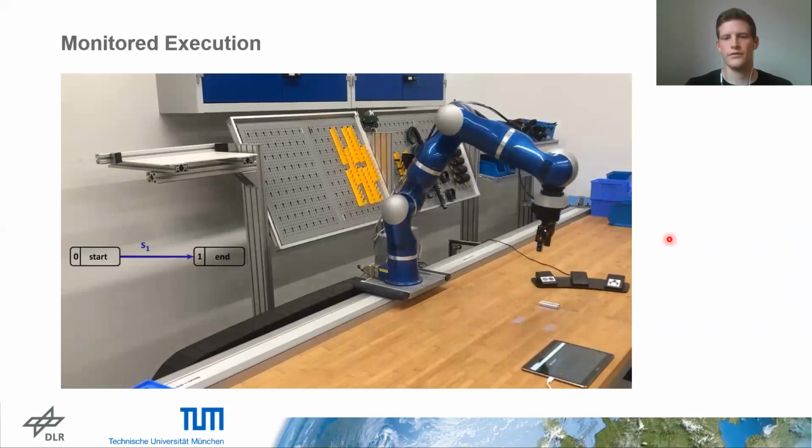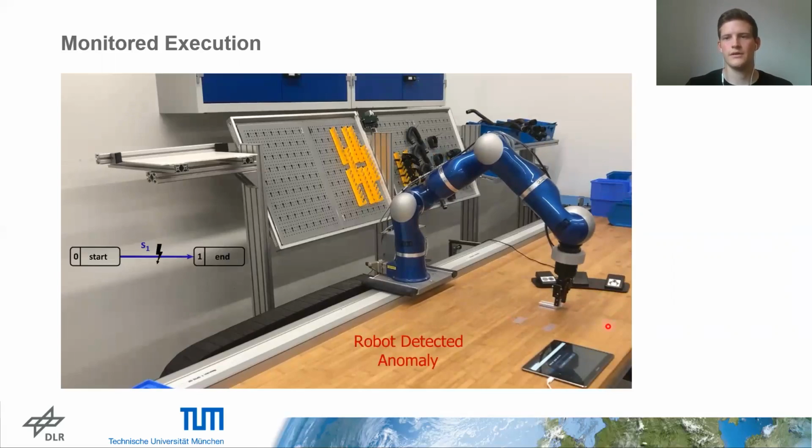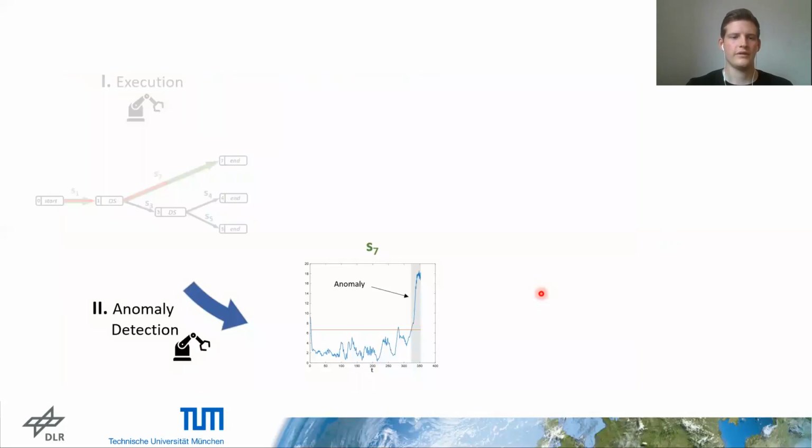During the execution of that first skill, the robot detects an anomaly because the object in the start location is rotated by 90 degrees and the robot senses an unexpected gripper finger distance and also an unexpected grasp status. You've seen that the robot is capable of detecting new situations during the execution.